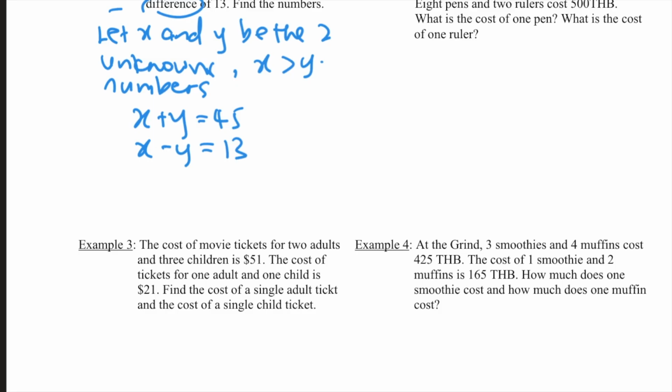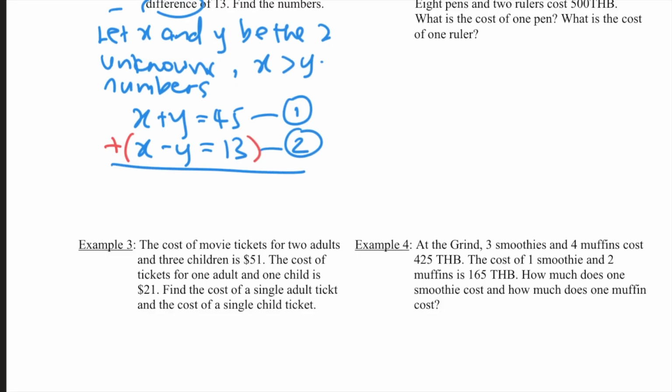So when I look at these two equations, very conveniently, I think I will use elimination. Think about the variables that you want to eliminate. In this case, both x and y have the same coefficient, and y has opposite signs, so I'm going to just add the two equations together.